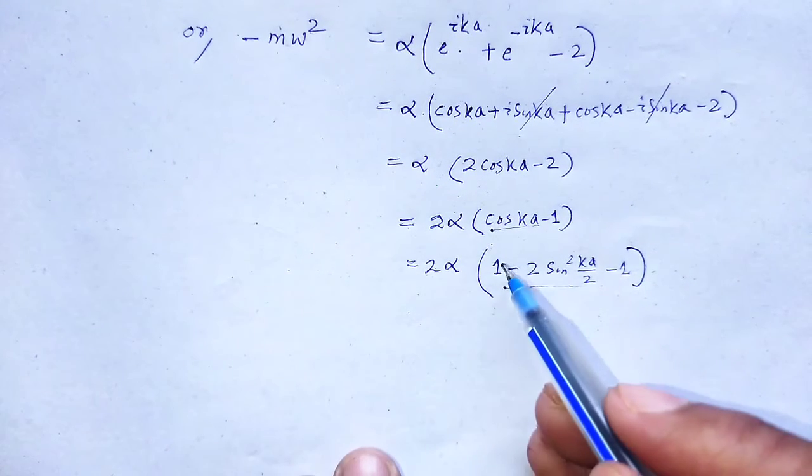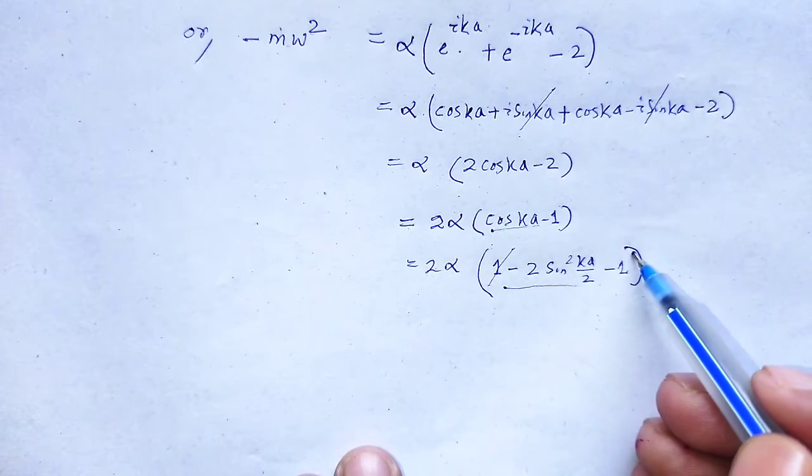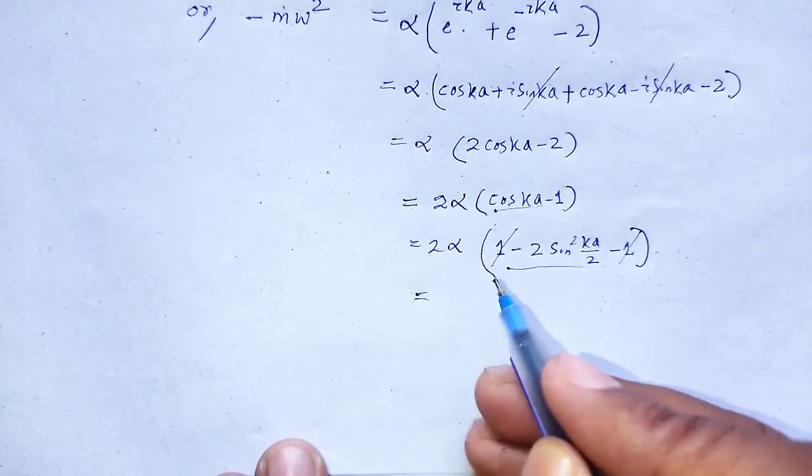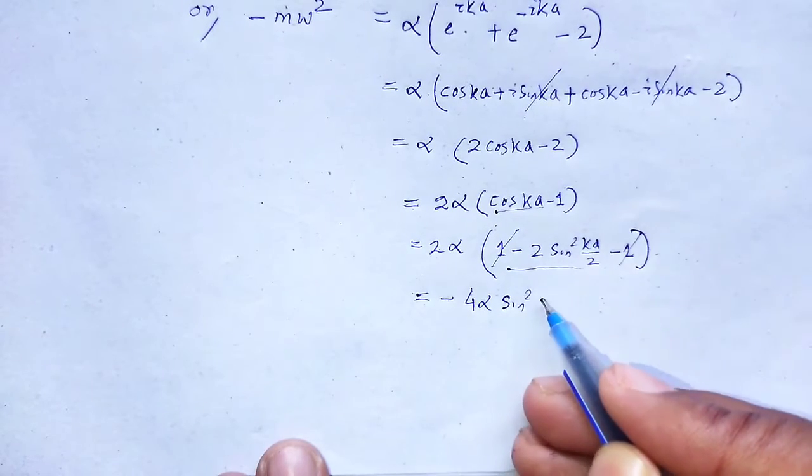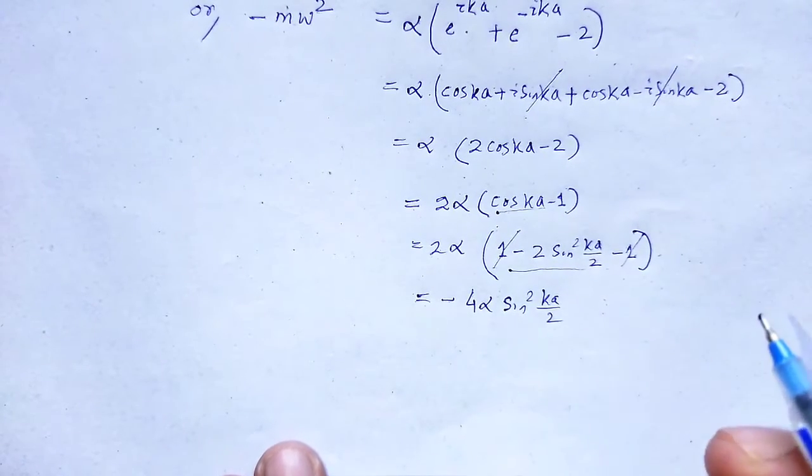So 1 minus 1 cancelled out, we have minus 4 alpha sin square (ka by 2).